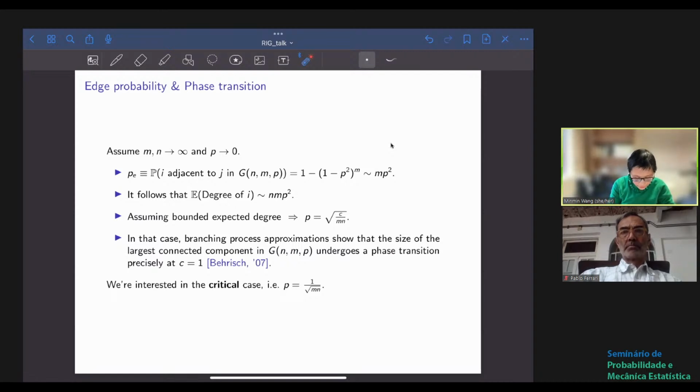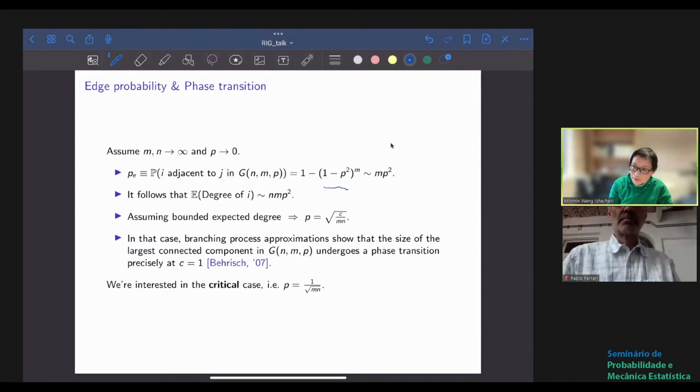According to the definition, an edge happens if and only if I can find a group that contains both individuals. So the probability of the complementary event is given by (1 - p squared) raised to the power m. This is the probability of not having both individuals in one group.